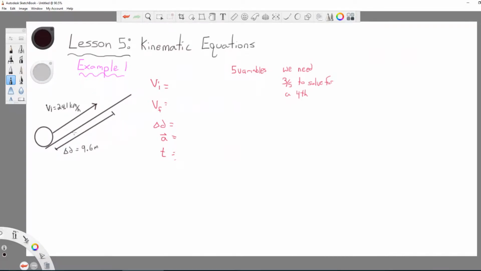If this ball starts off rolling at 24.1 kilometers per hour, it's slowing down as it rolls up this hill. Eventually, it's going to come to a standstill. So here, this ball is going to be at rest. So our final velocity, we can say our VF is equal to 0.